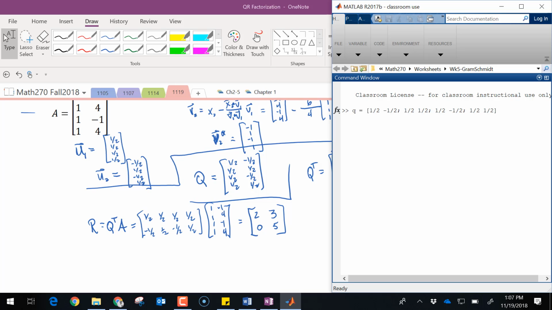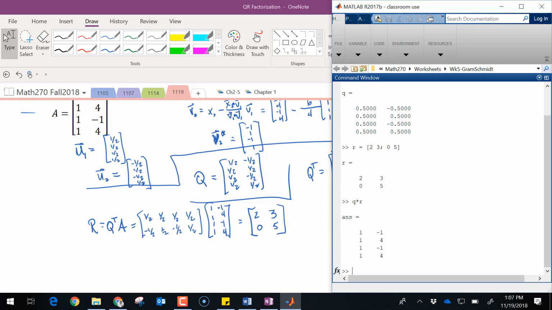So this is my Q matrix, and my R matrix is 2, 3, 0, 5, and then Q times R is A, which is what we had before. So there you go.